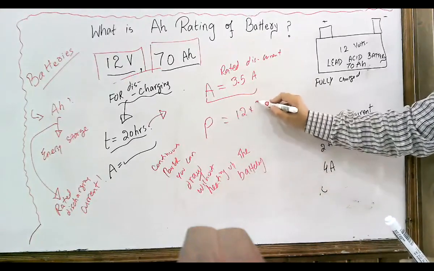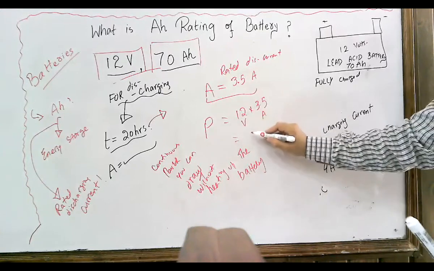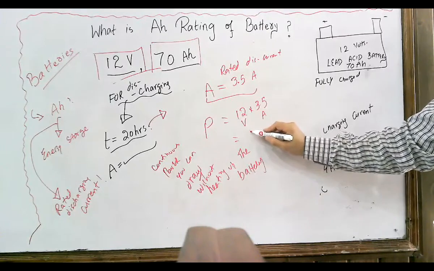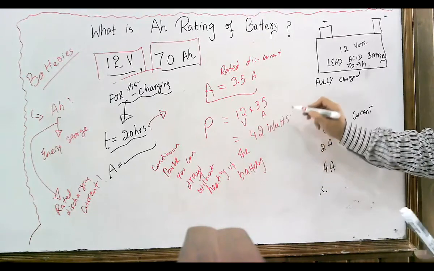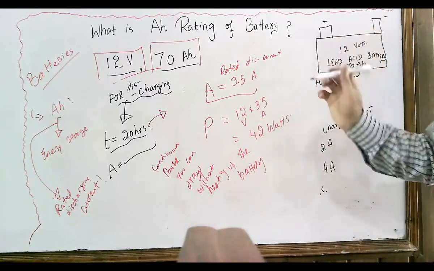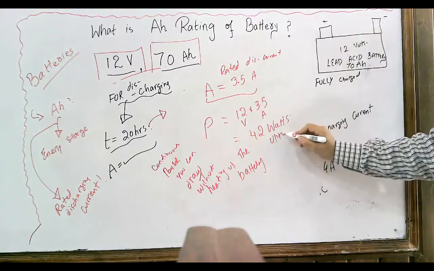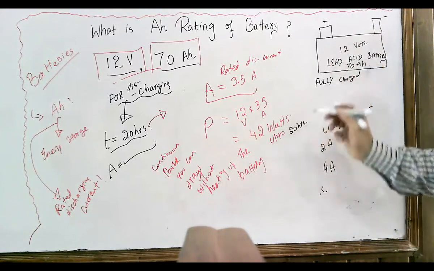times 3.5 ampere current drawn, so it comes out to be 42 watts. It means that you can safely draw 42 watts power from this battery up to 20 hours. The battery will last.